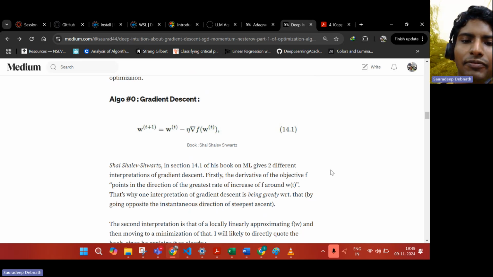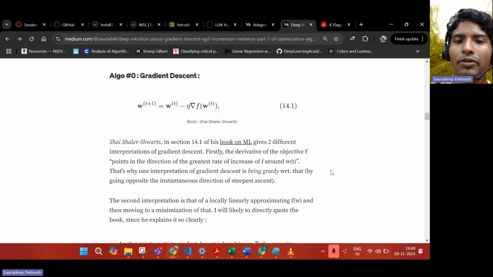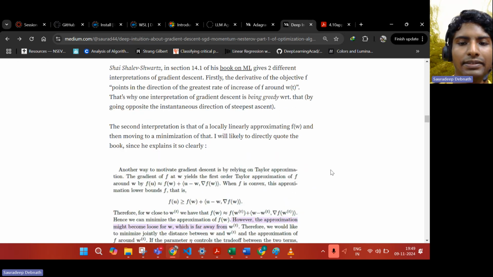Now this works perfectly for convex problems. They even have a convergence guarantee that I described at the initial part of the article. But unfortunately, the loss function is much more complicated for deep learning. We'll talk about that in a moment.